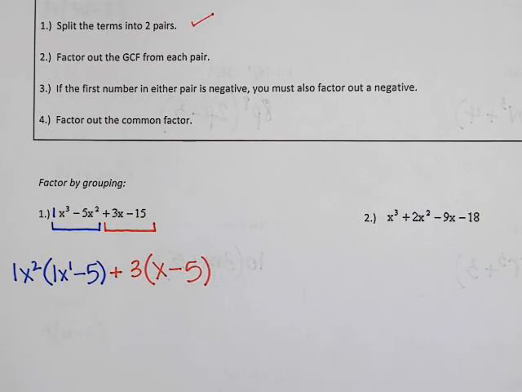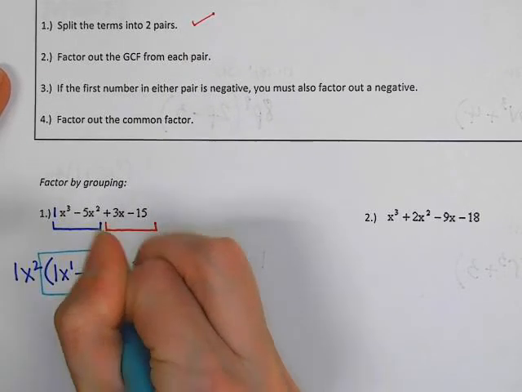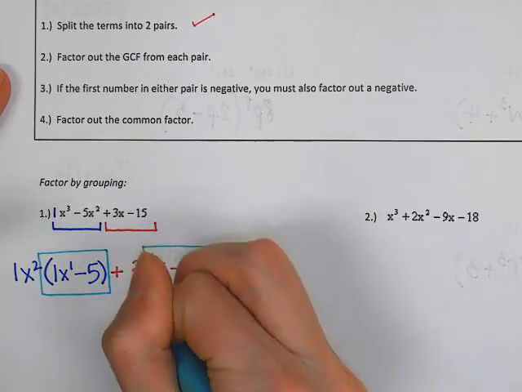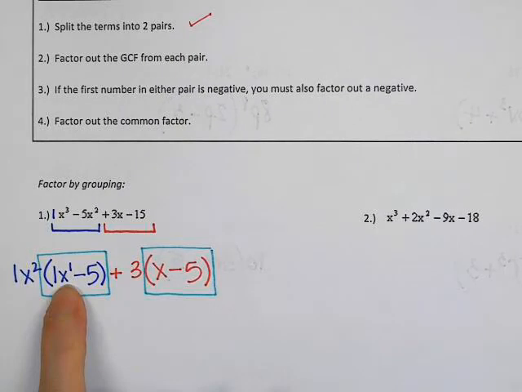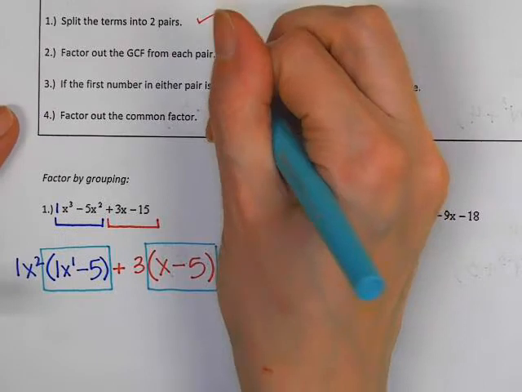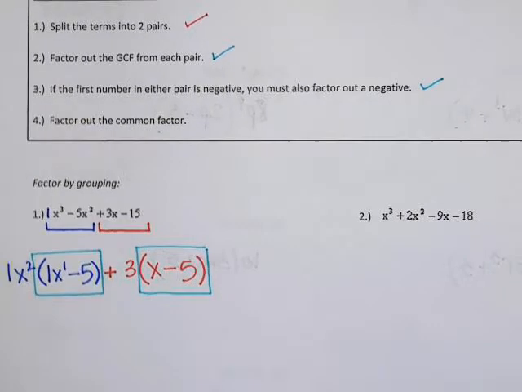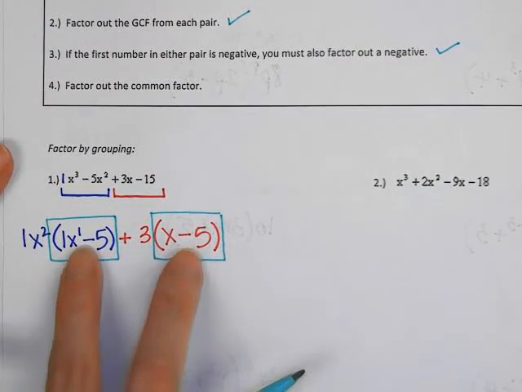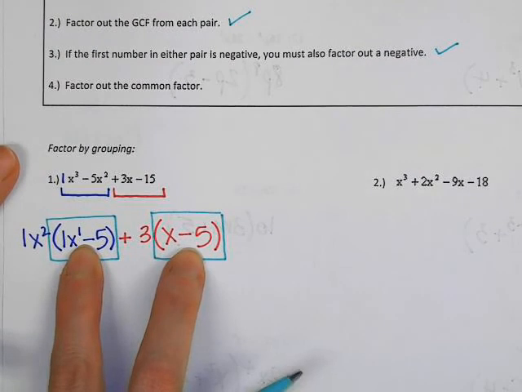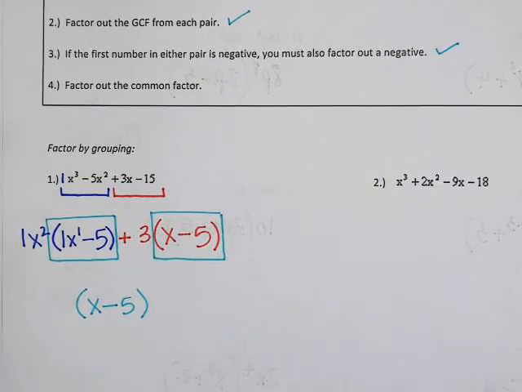Now if you did it right, you're going to notice that the parentheses are the same. See how they're both x minus 5? 1x minus 5, 1x minus 5. Okay, so we finished this. Now they both have an x minus 5, so you're going to write that once.